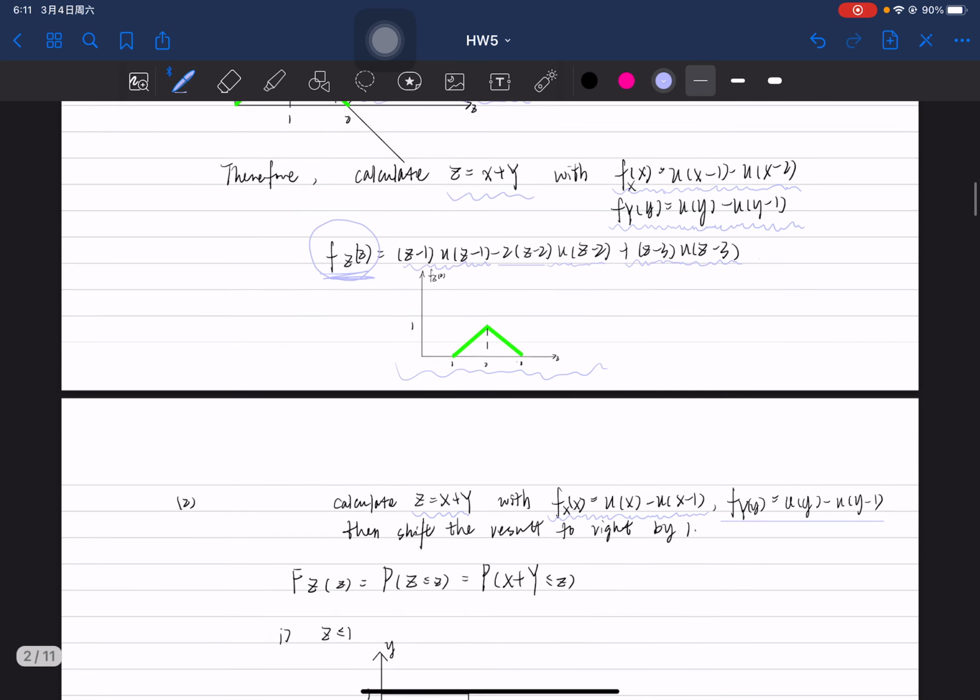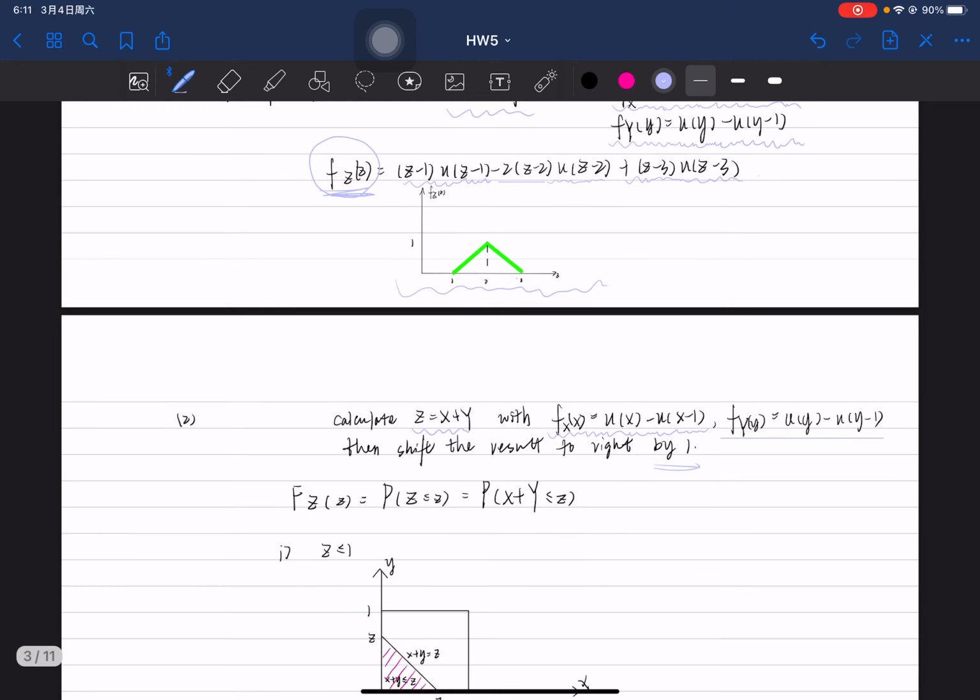Then we need to shift the result to the right by 1. We know that the cumulative distribution function of Z equals the probability of Z smaller than or equal to z, which equals the probability of X plus Y smaller than or equal to z.